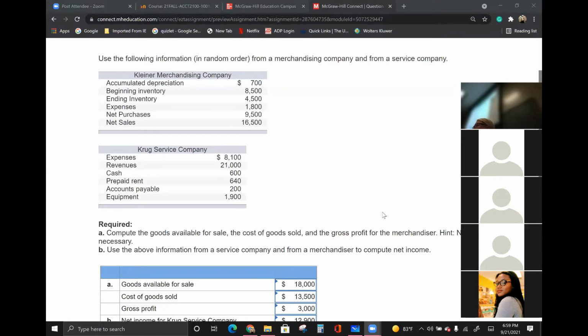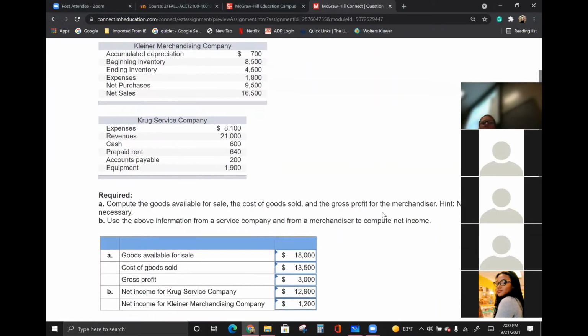That's why you had to do that first part to come up with your cost of goods sold and your gross profit, because you're only looking at sales and costs with your inventory. Once you get to that point, then you can deduct your expenses. The other one, you don't have all that work because there is no inventory. You're just doing revenue less expense. That's my net income. So net income comes into play when you have your expenses.